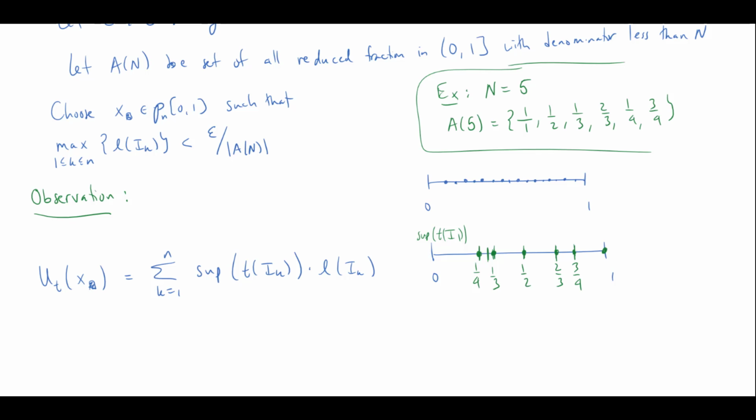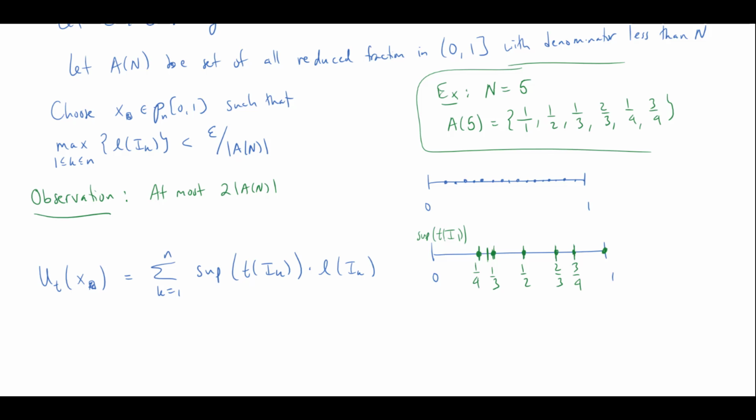But that's just something we have to deal with. We have to figure out how often these big, bad fractions could show up. And so this is our observation. The observation is that at most twice the number of points in A of n, because each of these can show up twice, once on the left, once on the right.